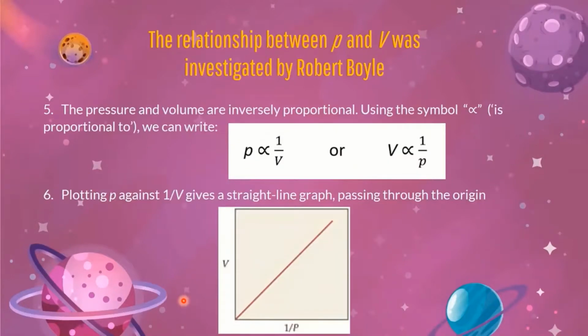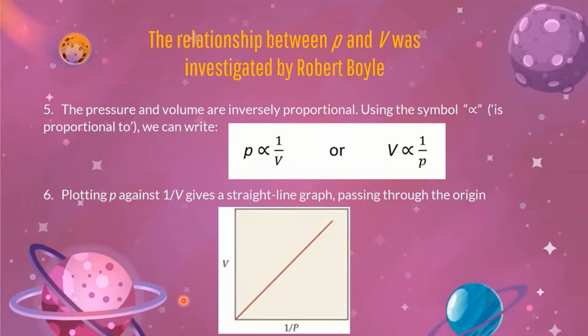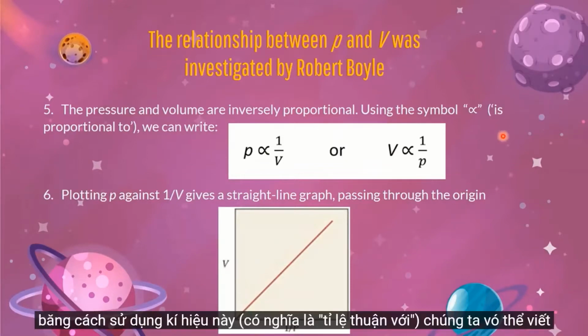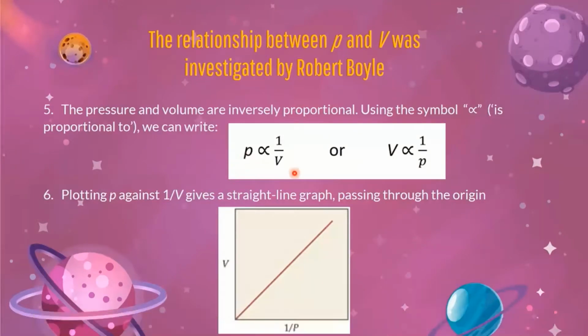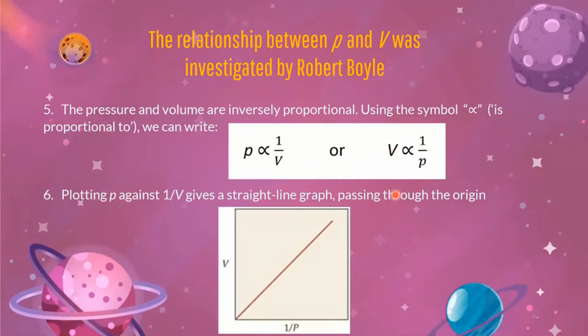Number five. If one quantity decreases as another increases, we can say that one is inversely proportional to the other. Using this symbol, which means is proportional to, we can write P is proportional to 1 over V, or V is proportional to 1 over P. Number six.